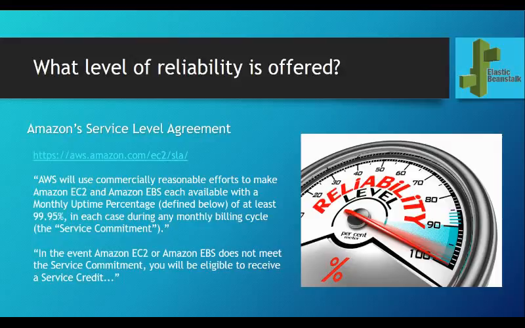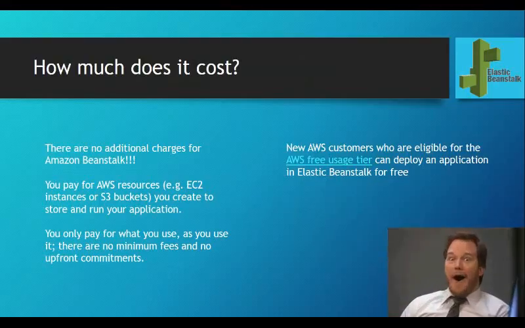So this is basically dependent on the number of EC2 instances that you are looking for. In the event Amazon EC2 or Amazon EBS does not meet the service commitment, you'll be eligible to receive a service credit. So basically, we've come to the conclusion that it's very reliable.